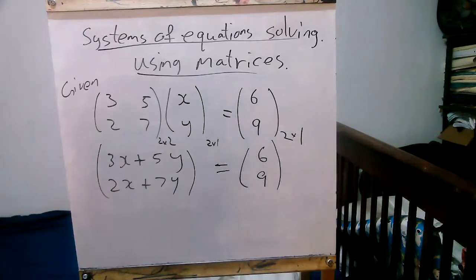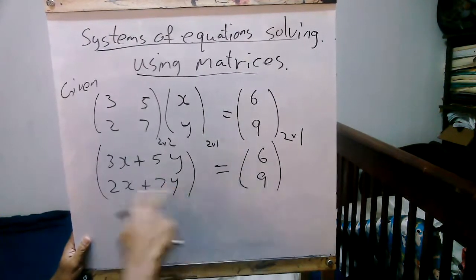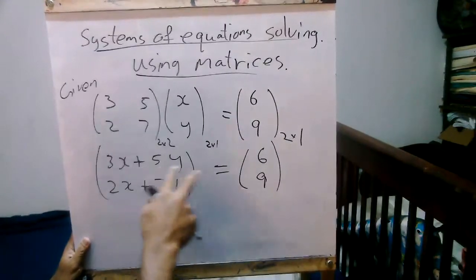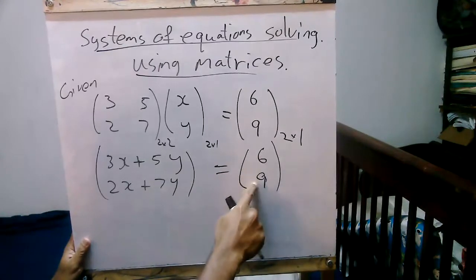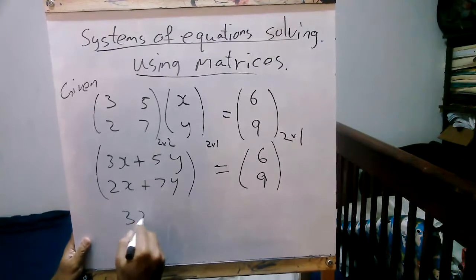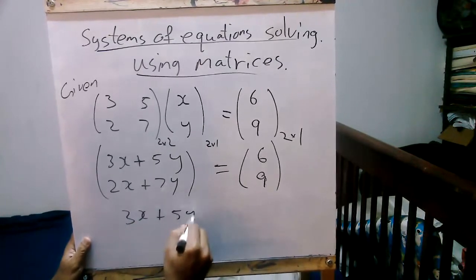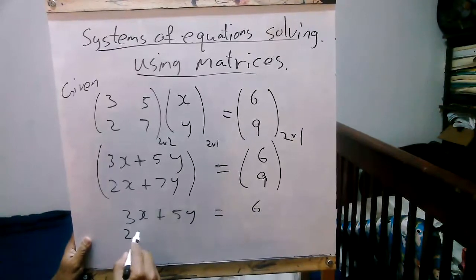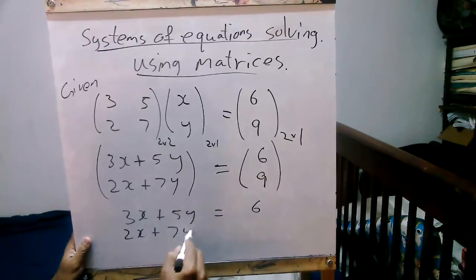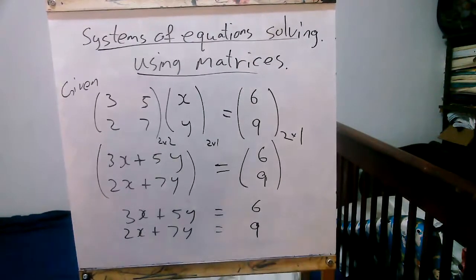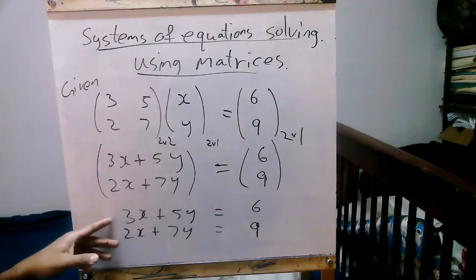Now if these two matrices are equal, from the first day's lesson A1, we can say their corresponding elements are the same. First element, second element, first element, second element. Therefore we can say 3x plus 5y equals 6 and 2x plus 7y equals 9. Does this look familiar to you?